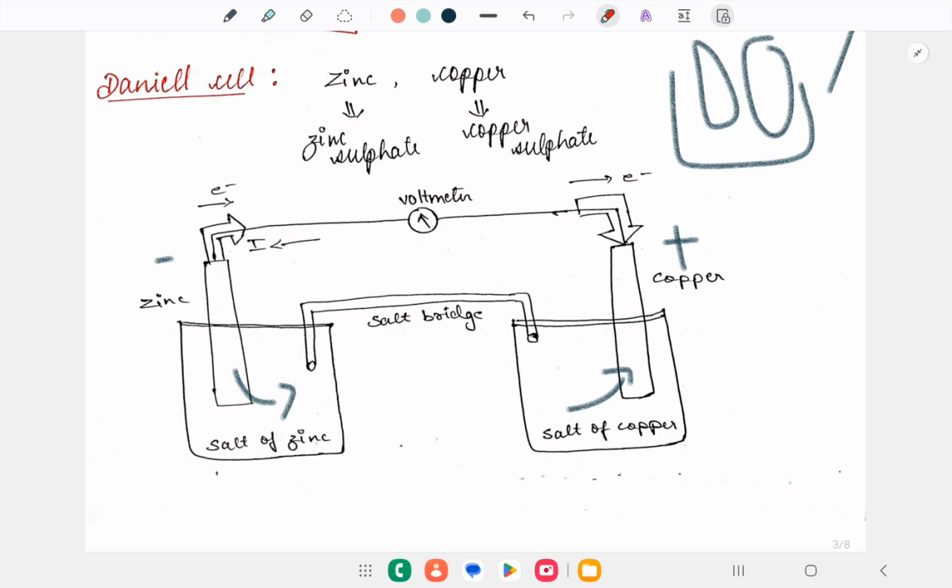So basically, the salt bridge added in this Daniell cell is a modified form of the original galvanic cell, because in the original the electricity flow stops after some time as positive charge accumulates at the oxidation half cell and negative charge at the reduction half cell, which balances the redox free energy and hence stops the redox reactions.